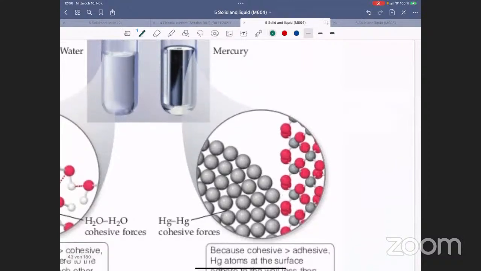And again, there will be cohesive force, the attractive force among several mercury molecules, and adhesive force, which is the attractive force between mercury and glass.